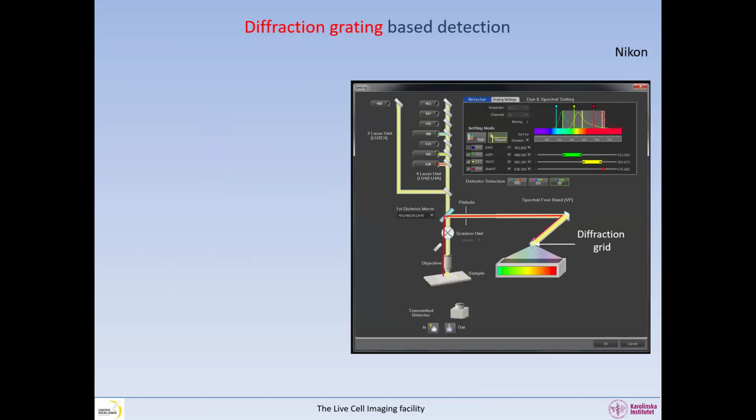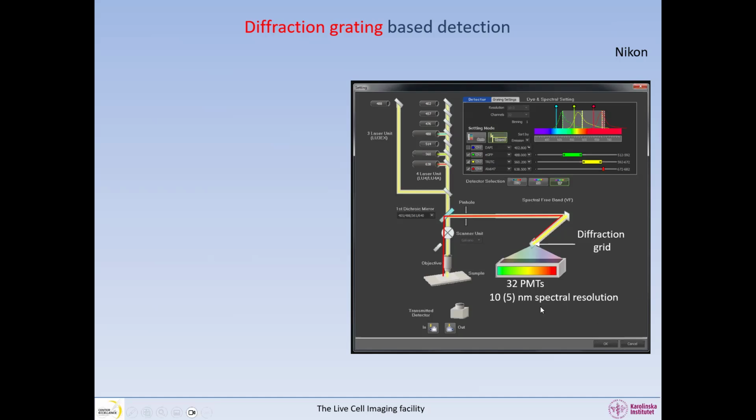This is how it looks in the Nikon system. We have the diffraction grating, and then we have our 32 PMTs, which have a 10 nanometer spectral resolution, basically covering 320 nanometers of the visible spectrum.